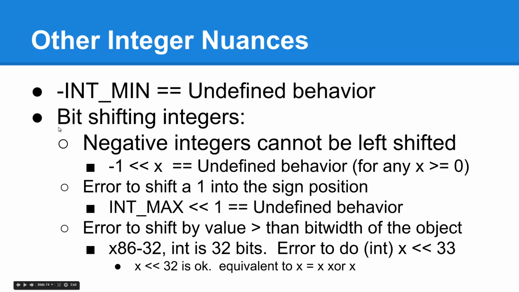Other nuances to cover: bit shifting integers is something that is forbidden if the target is a negative integer, because the most significant bit denotes the signedness when it's a signed integer. It is typically considered an error to shift a 1 into the signed position of a signed integer, and it's also an error to bit shift by a number greater than the width of that object.